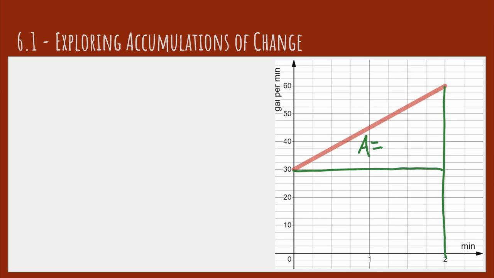Regardless of how I do it, area here is base is 2, and I'm going to keep units on here. Base is 2 minutes times the height. The height of this rectangle is 30 gallons per minute divided by 2. So the area here is 30 gallons. Weird to say area is gallons, but that's how it's represented in this coordinate plane.